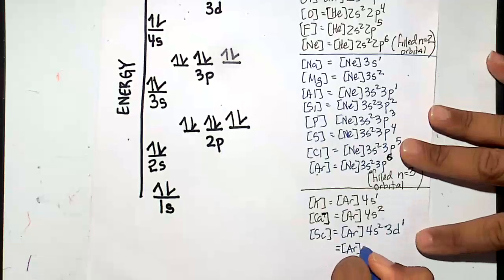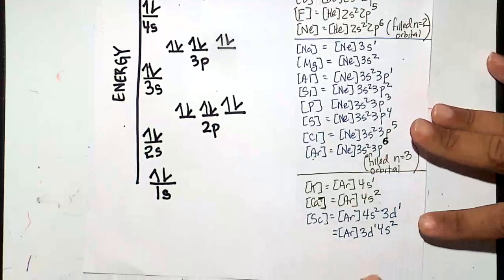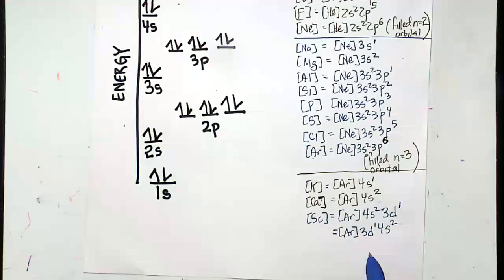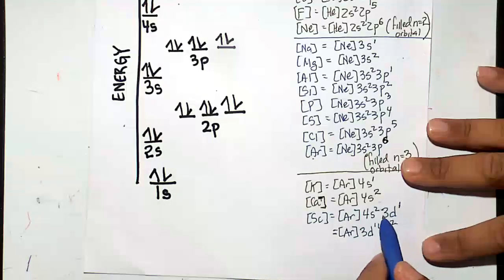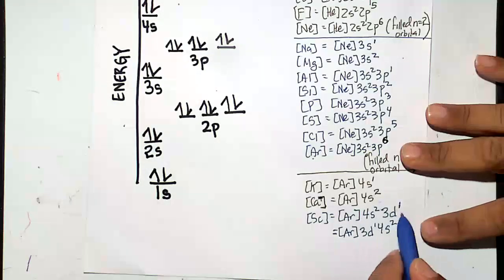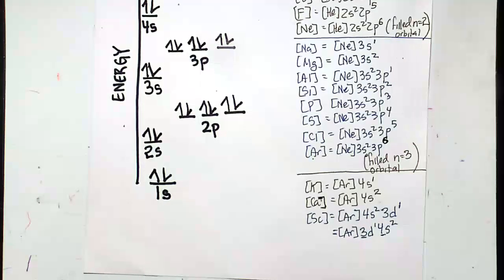Both ways are correct, because some people like to have the principal quantum number in sequence, 3 before 4. But the way the electrons go in is 4s2, 3d1. This is just an energy level, that's all. I like the 3 coming before 4, but you can write it either way. That's totally fine.